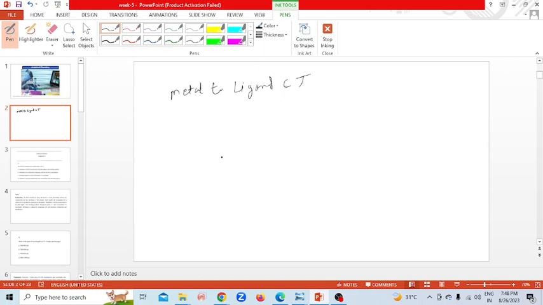Another iron complex, but now iron is in the Fe plus 2 form, and it is making a complex with 1,10 phenanthroline. When it makes a complex with 1,10 phenanthroline, what will happen? It looks like this, I am not drawing the full structure.